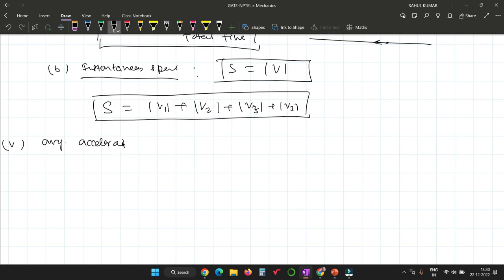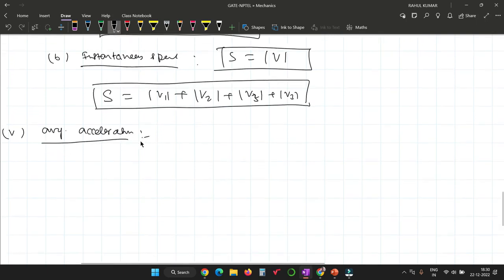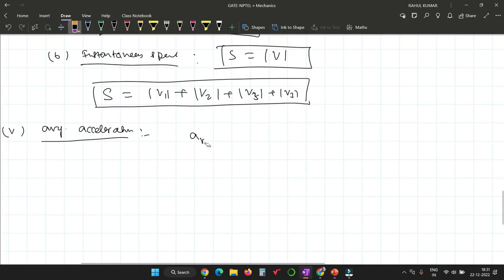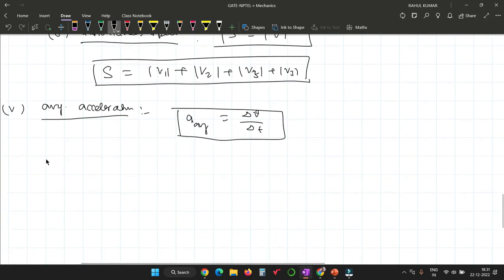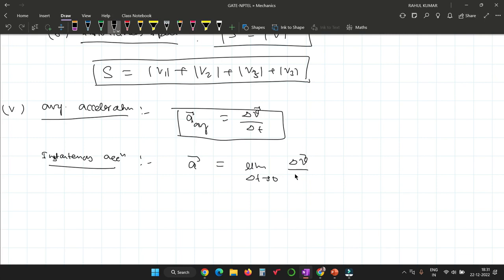In average acceleration, it is delta V divided by delta T. Okay, and in instantaneous acceleration, it is the limit as delta T tends to 0 of delta V divided by delta T, which is nothing but dV by dt.